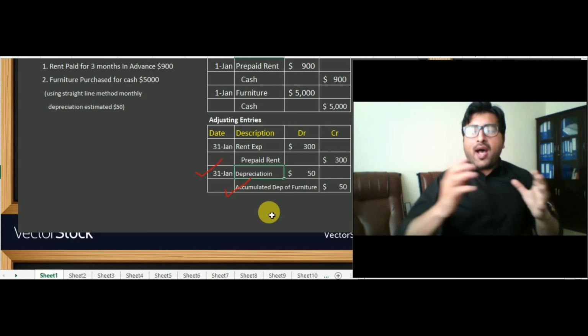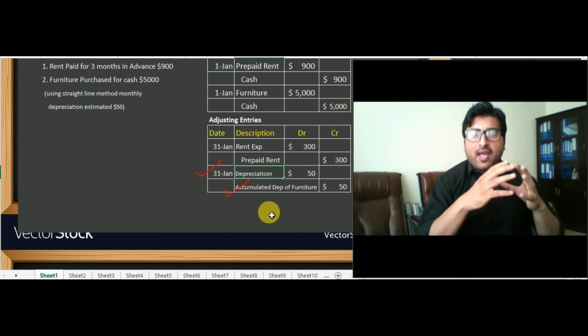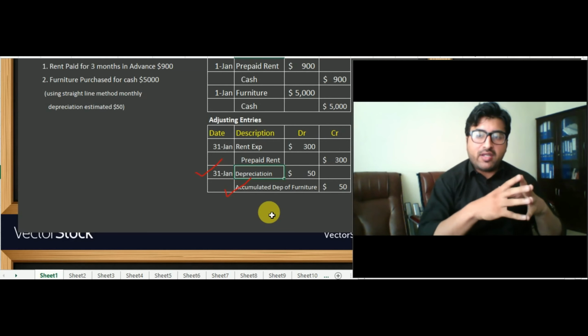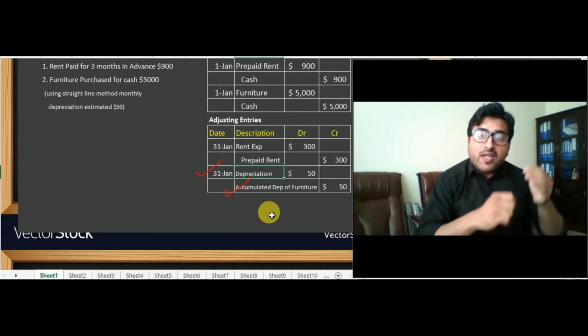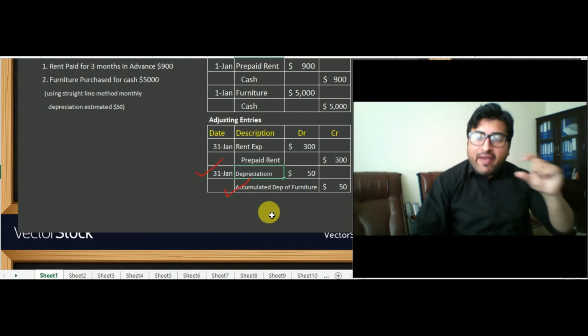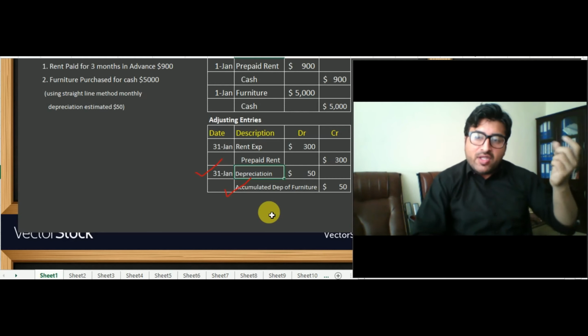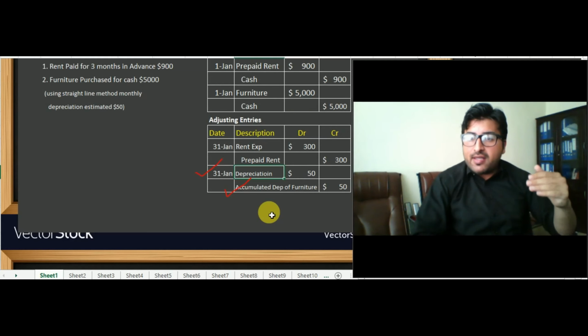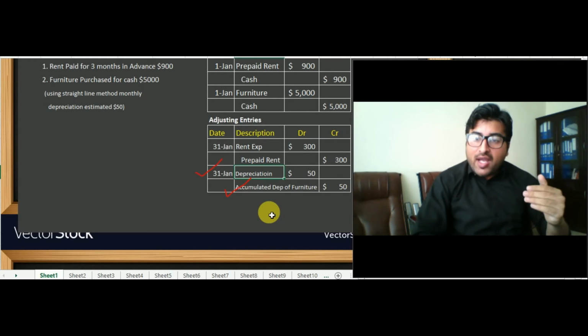So why is an increase in the accumulated depreciation credited? Because an increase in the accumulated depreciation means a decrease in the value of the asset. So as a decrease in the value of the asset is credited, that's why an increase in the accumulated depreciation account should also be credited.